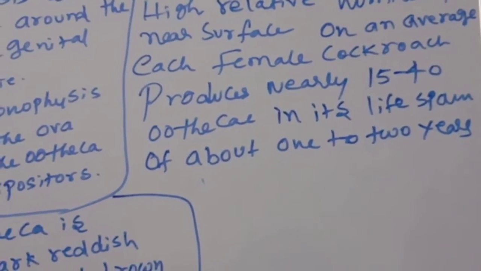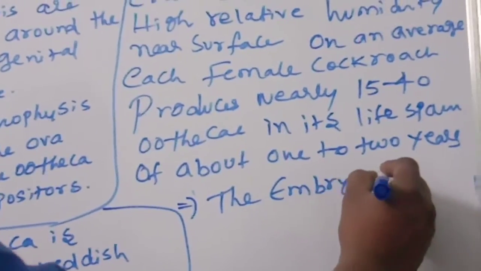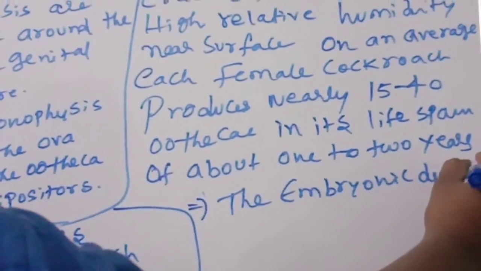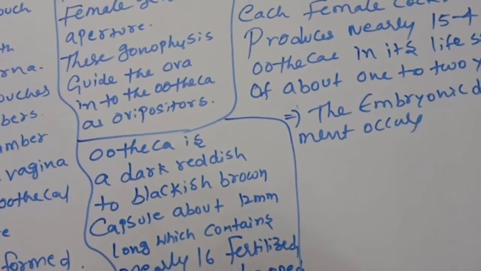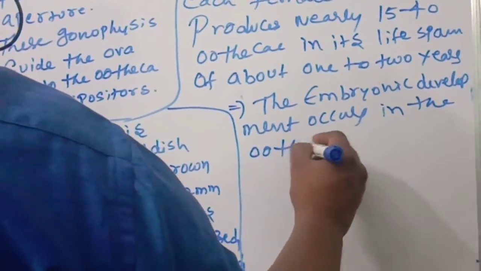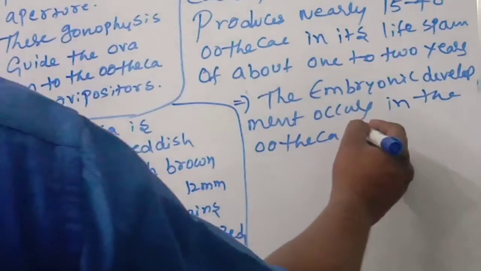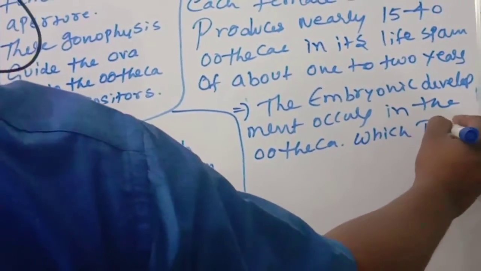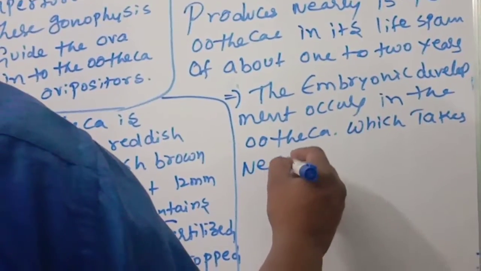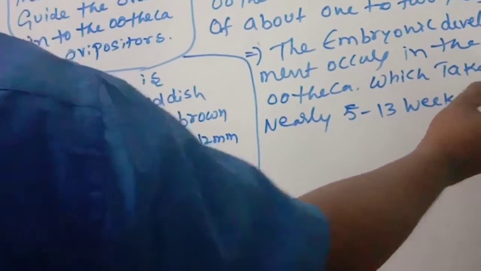Next, the embryonic development occurs in the ootheca. Okay, children, this is important. It takes nearly 5 to 13 weeks.